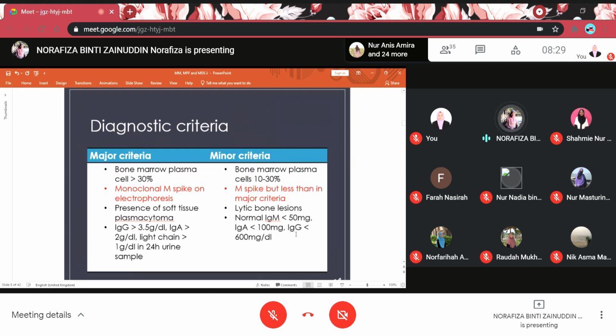So this is the diagnostic criteria. A myeloma protein is an abnormal immunoglobulin fragment, or immunoglobulin light chain, that is produced in excess by an abnormal clonal proliferation of plasma cells.